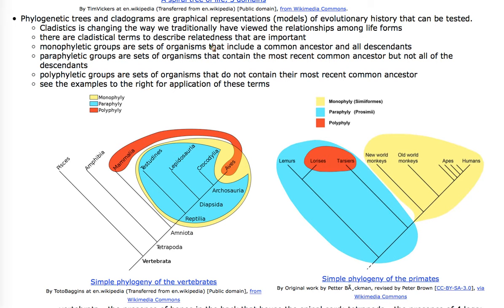Monophyletic groups are groups that include descendants and the common ancestor that originated all the descendants. As it turns out, lots of groups that we talk about today are not monophyletic. One of them, for example, is the reptiles. The word reptile includes scaly creatures, which includes turtles, lizards, crocodiles, and archosaurs.